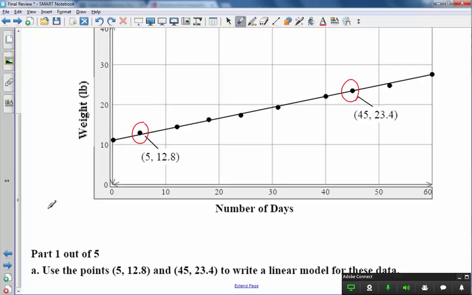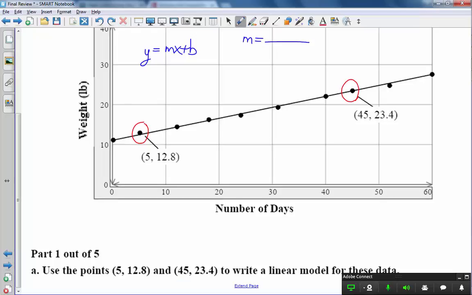So, here is the line equation we're supposed to find. But I need to start with slope, which is y2 minus y1 over x2 minus x1. What is y2?